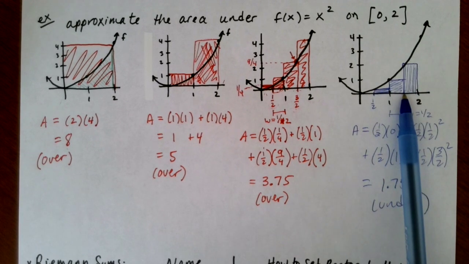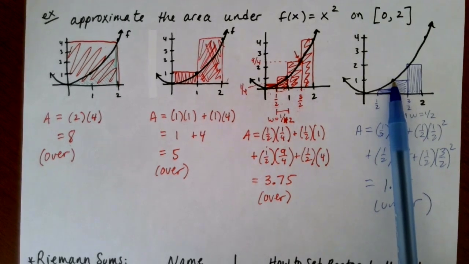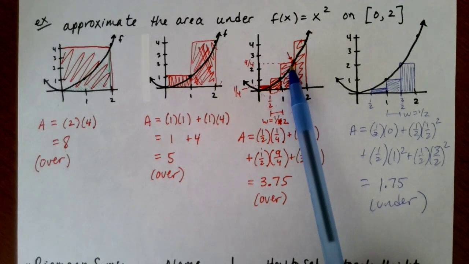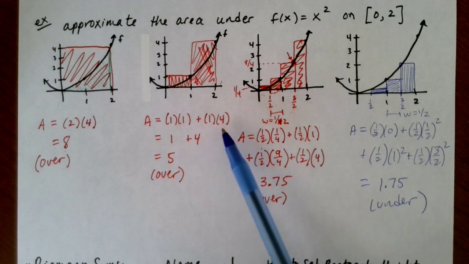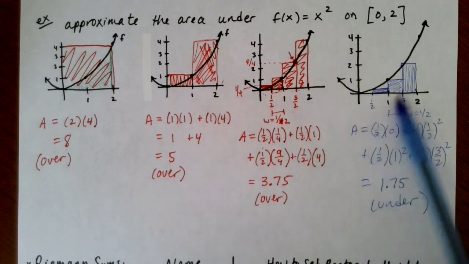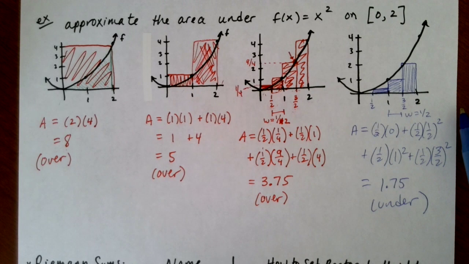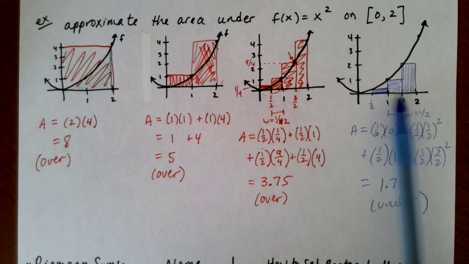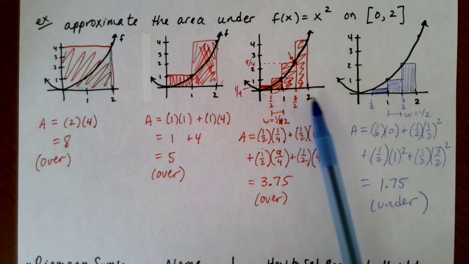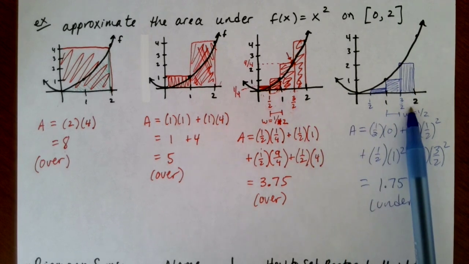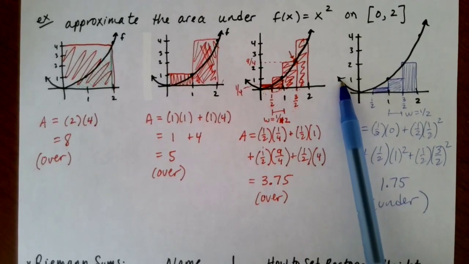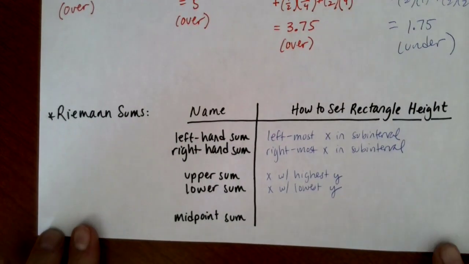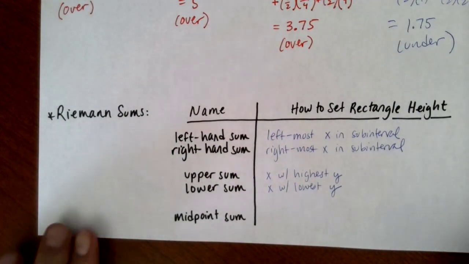In each subinterval, I picked the lowest possible point I could. And this is an upper sum because I picked the highest possible point I could. But if this function were way curvier and went up and down a lot, then the upper and lower sums wouldn't necessarily match either one of these. They could be something completely different, because it might be the point halfway through the subinterval that actually has the highest height.